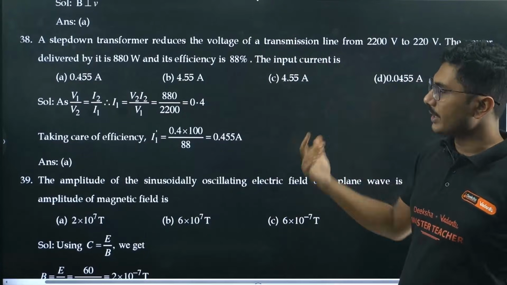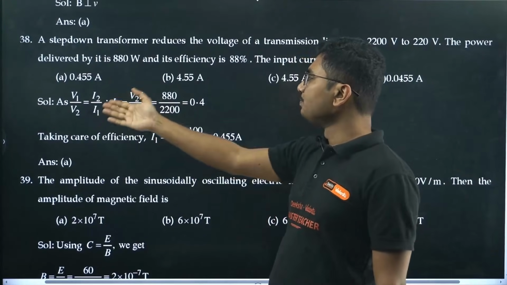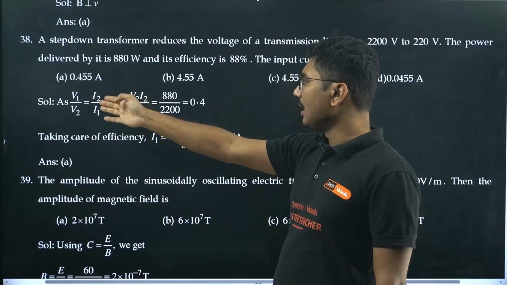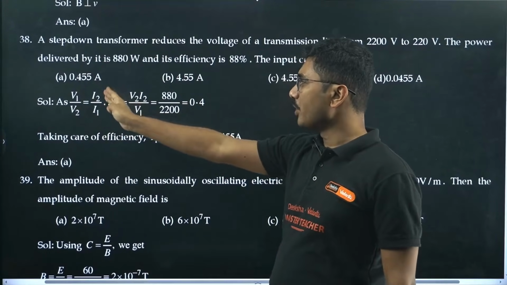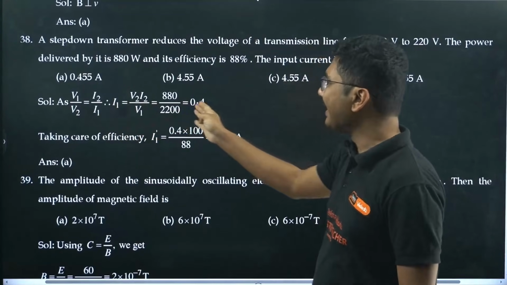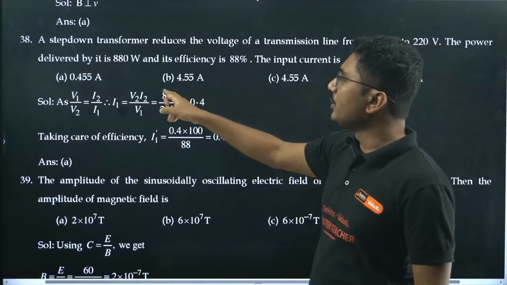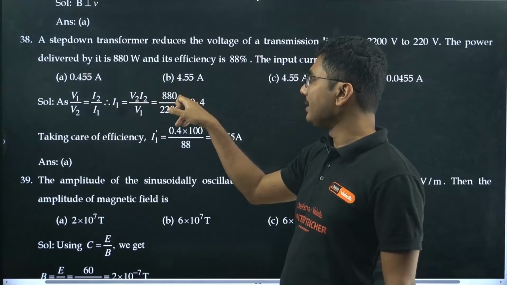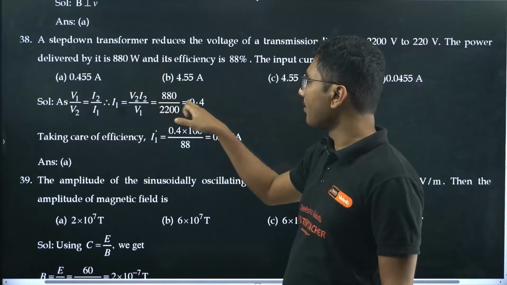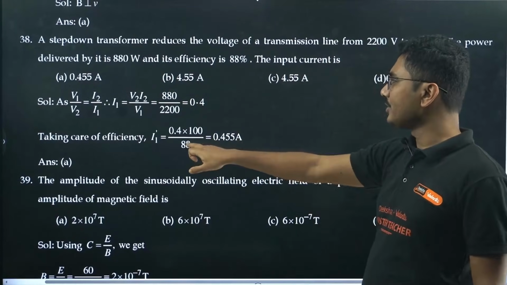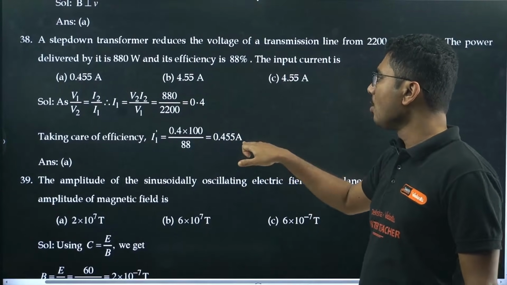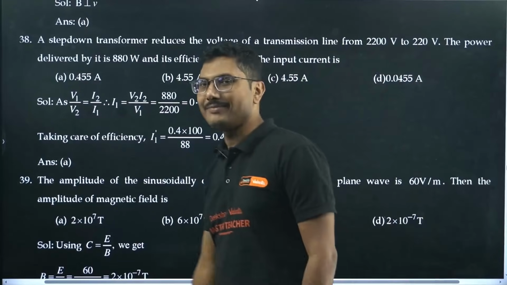The input current is, so first of all you have to calculate V1 by V2 equals I2 by I1. This is for the ideal case. Now taking the efficiency of 88%, you can calculate the power delivered, and you can calculate this current to be 0.455 ampere.